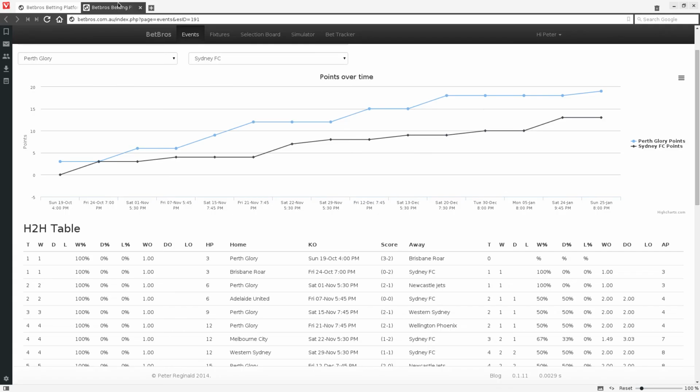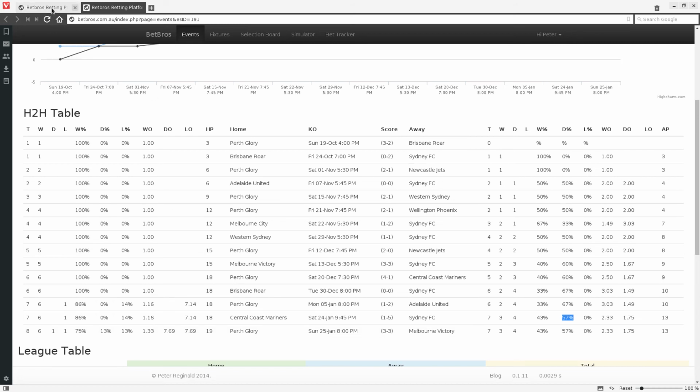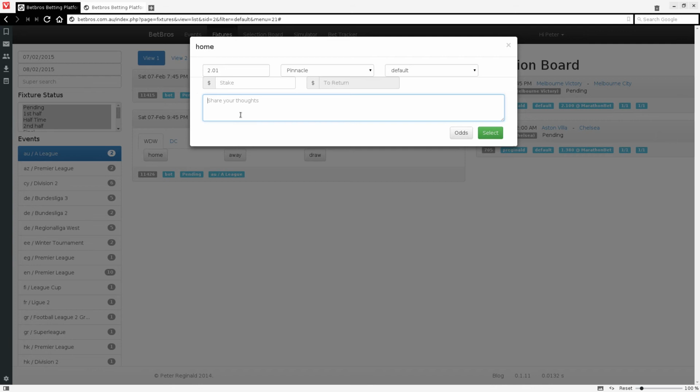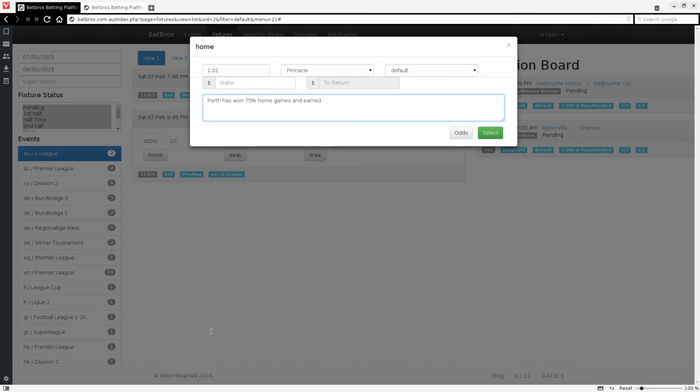And for my commentary or my thoughts about this, I can say Perth Glory has won 75% of their home games, and has earned 19 points at home.